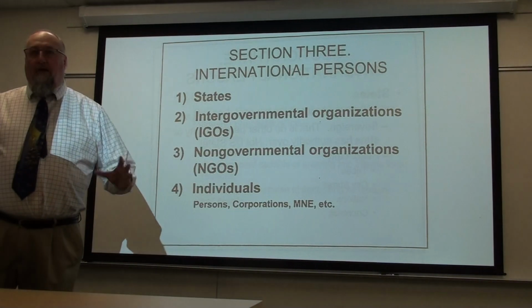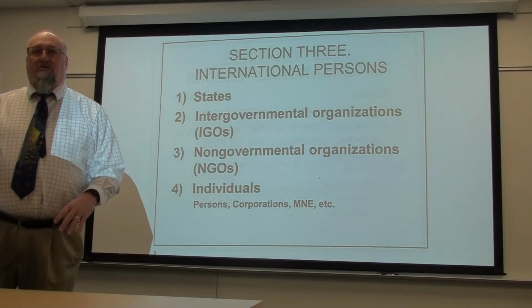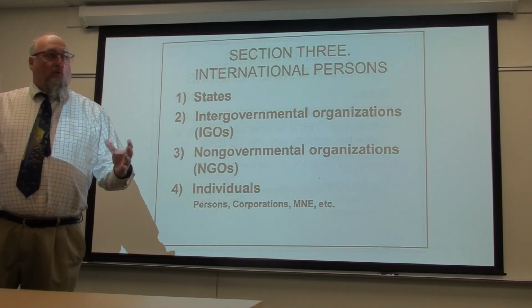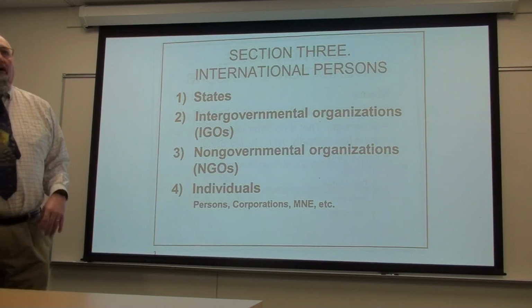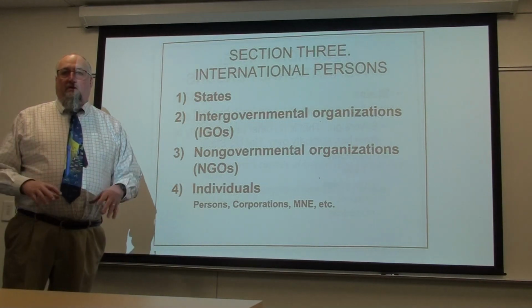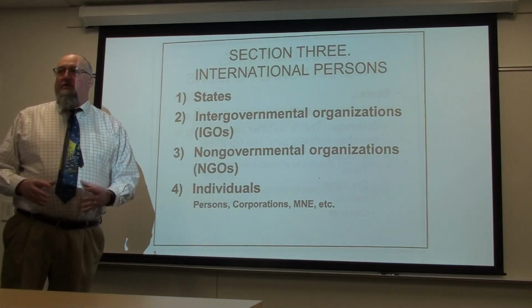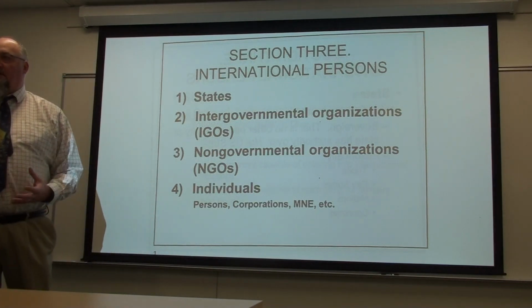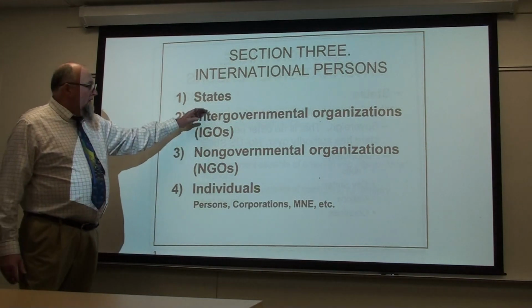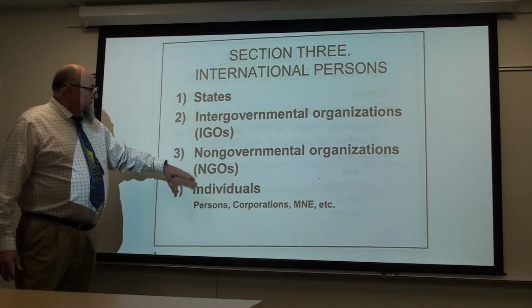So it's a membership of sovereign states for various reasons. Maybe on a large scale like the UN, or on a smaller scale like a regional trade area like the Central American Free Trade Agreement, those kind of things. And we'll come back to those as well.